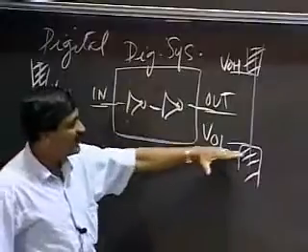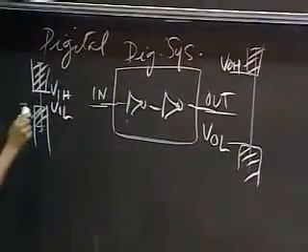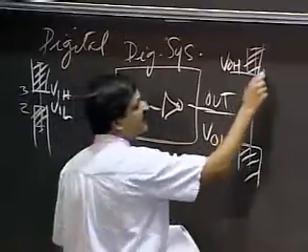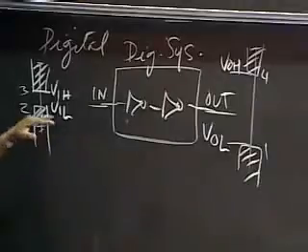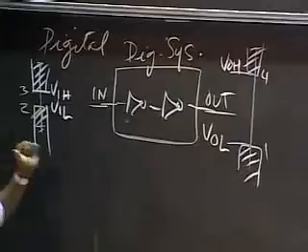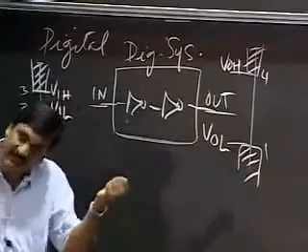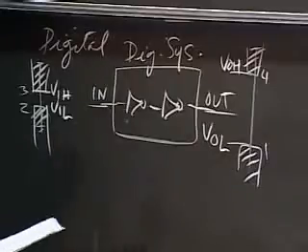Similarly, if the signals are 0, then it should be less than VOL. So as an example, this may be 2 volts, this may be 3 volts, and this may be 4, and this may be 1. Okay, so at the input, I should recognize 2 volts and less as a 0. But at the output, I have to produce a very, very low value, 1. So I have some noise margin.